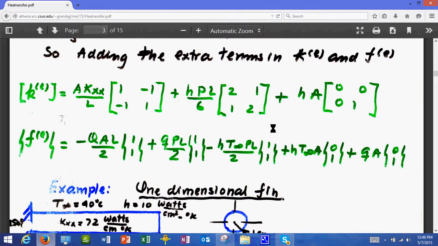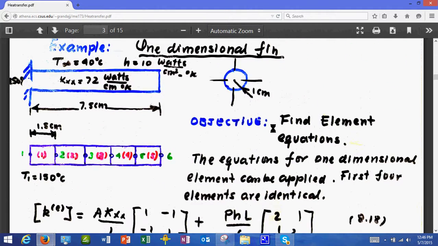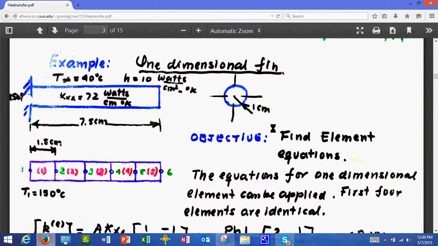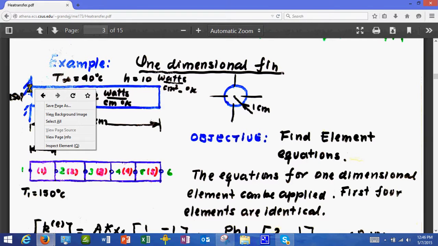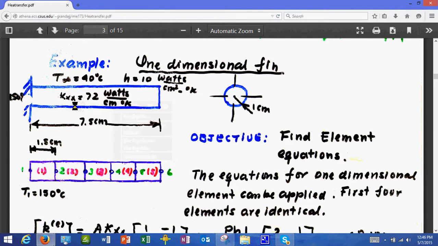Okay. Let's just do one example. Here you have this fan. This is what I was trying to tell you.